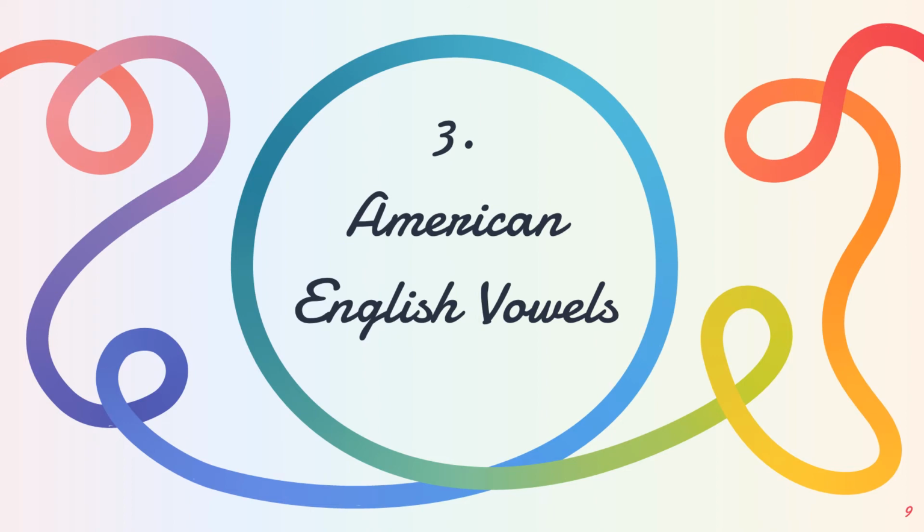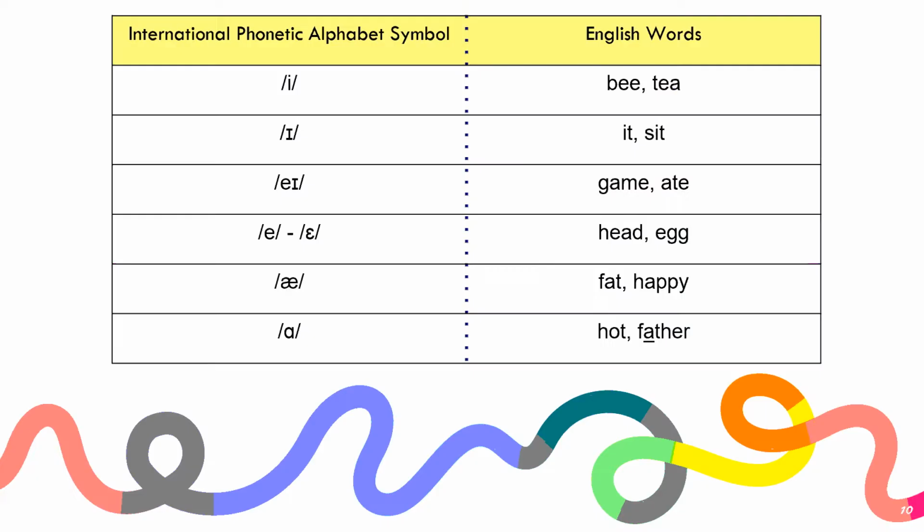During this video, we're going to see some examples for you to have an understanding about the pronunciation of the vowel sounds. Okay, so let's start with the first chart. On the left side, you have the International Phonetic Alphabet symbol, and on the right side, you're going to see the English words. So let's start with the first sound.